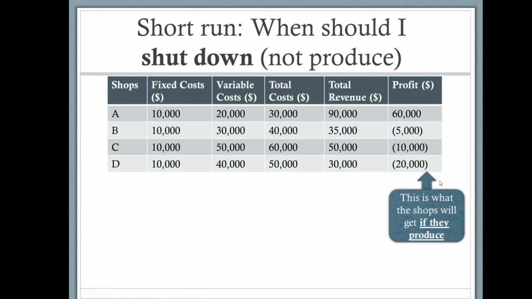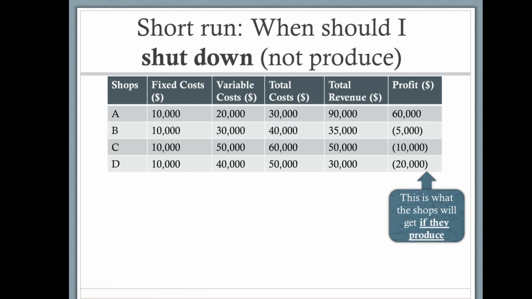When you produce, for shop A you are going to get $60,000 of profit, and for B, if you produce, you will get a $5,000 loss. But what if I do not produce? What will I lose?